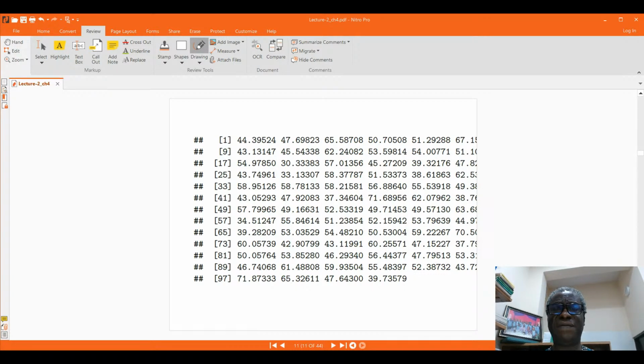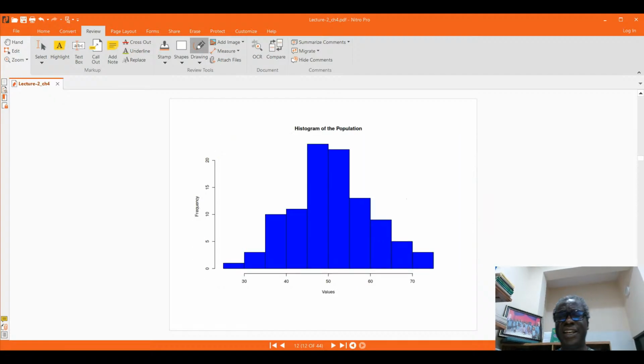We have the first person 44.3, 47, and so on. This is the population value. And then this is the histogram of that population.